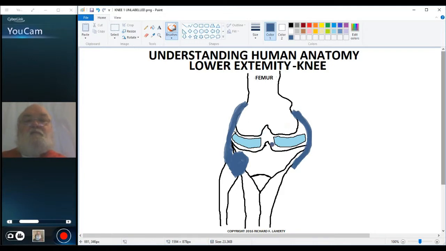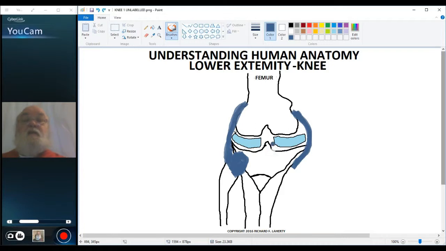Now, one of the key features of the knee joint are the cruciate ligaments. And the cruciate ligaments run from the tibia to the femur through the intercondylar fossa. And they will take origin from the intercondylar eminence on the tibia and pass to the femur.